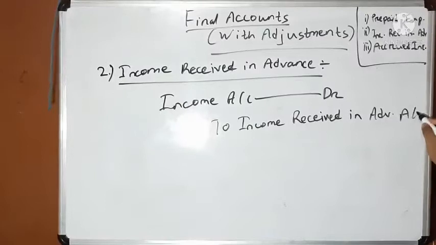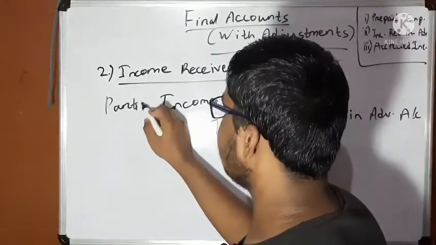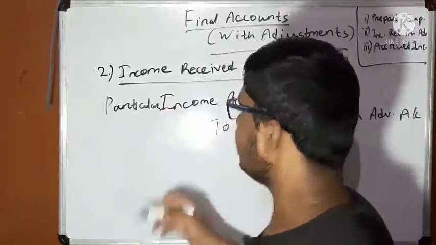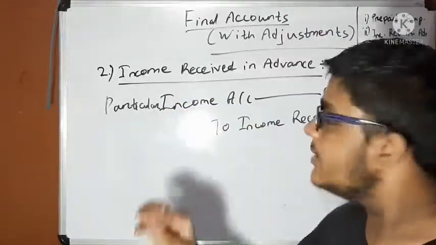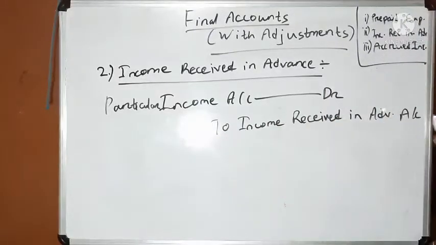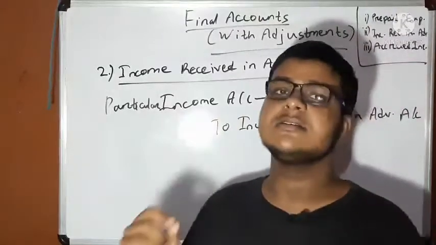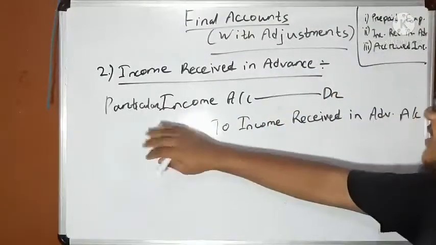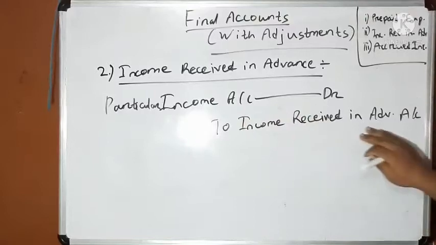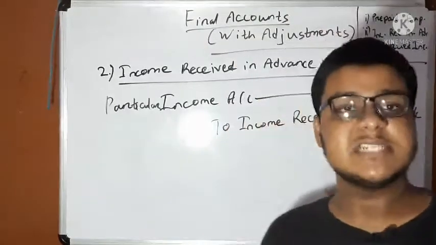So the journal entry related to this adjustment is: particular income account debited to income received in advance. Why is that particular income debited?